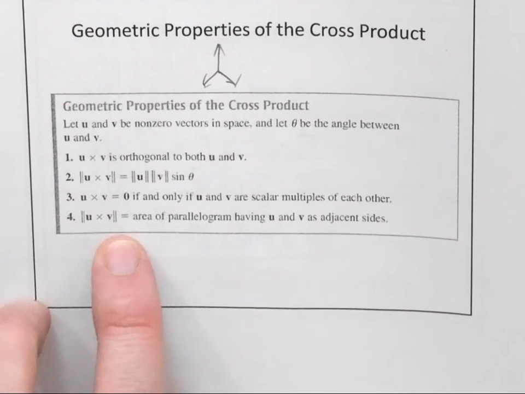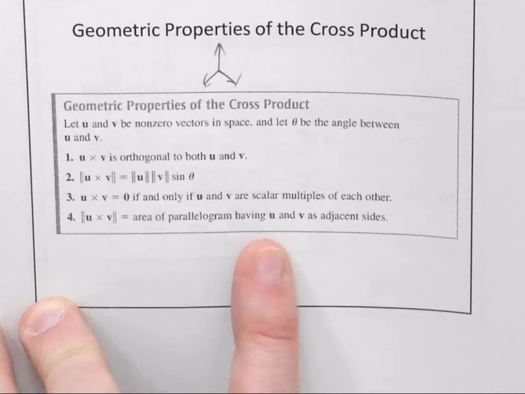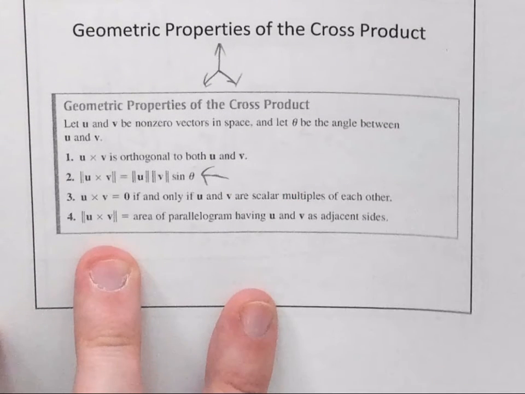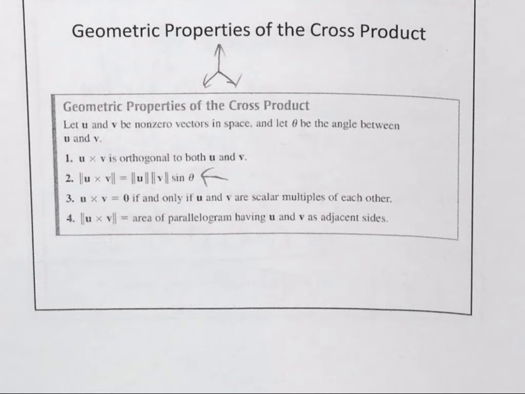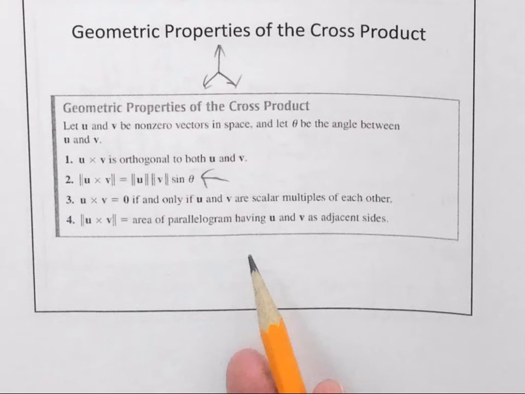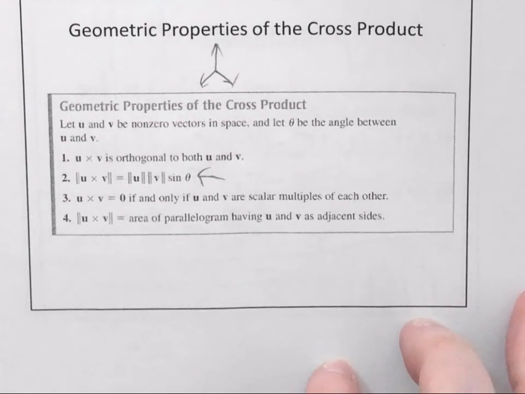Lastly, the magnitude of the cross product is also going to be equal to the area of a parallelogram where those are 2 of the sides. That's where this one comes from as well. That's another formula for the area of a parallelogram. But the nice thing about this one is I don't need to know theta. As long as you have a vector form of 2 sides that are touching each other for a parallelogram, you can figure out the area of that parallelogram, without needing to know heights, without needing to know angles, anything.